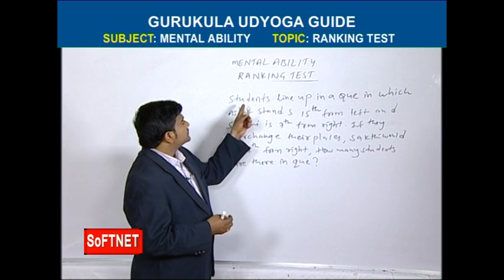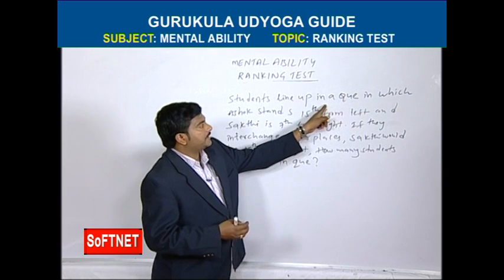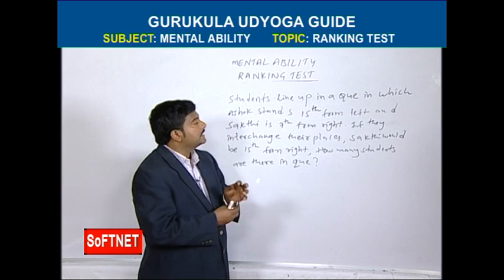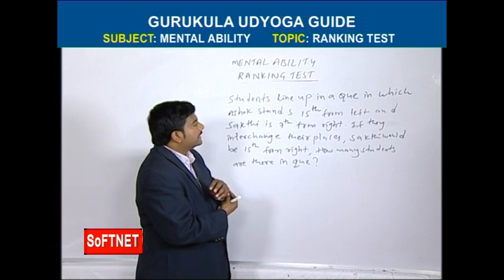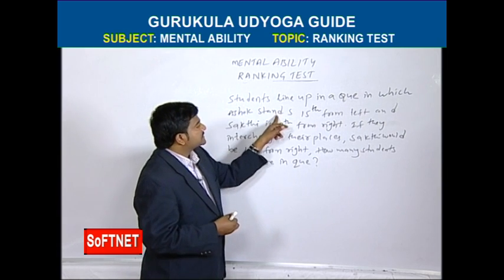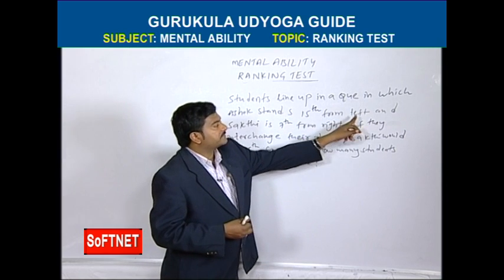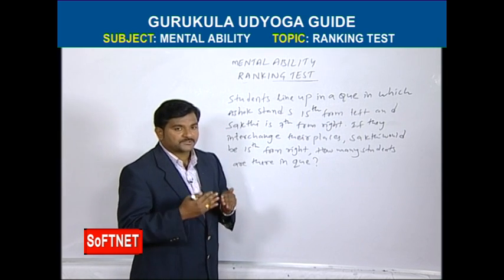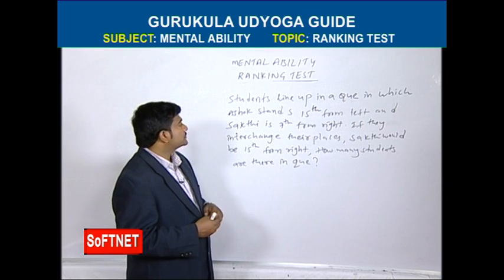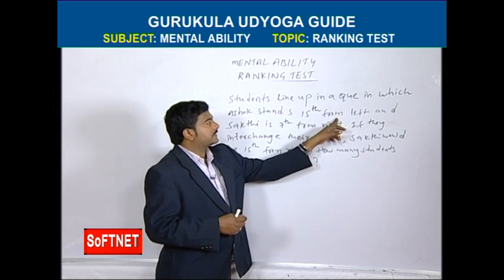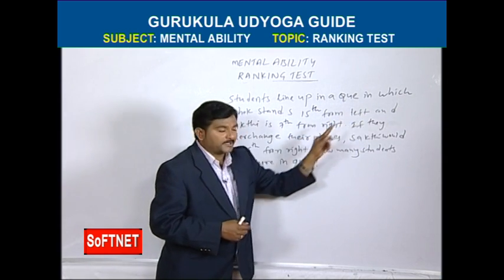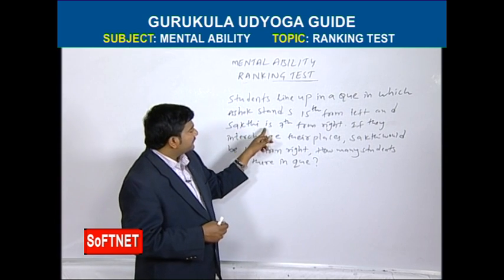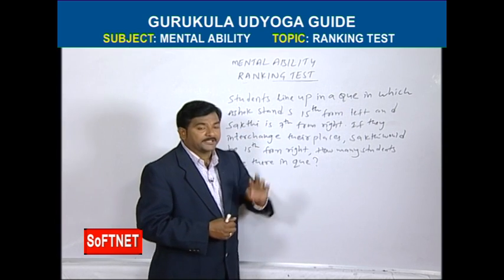Students line up in a queue in which Ashok stands 15th from the left and Shakti is 7th from the right.